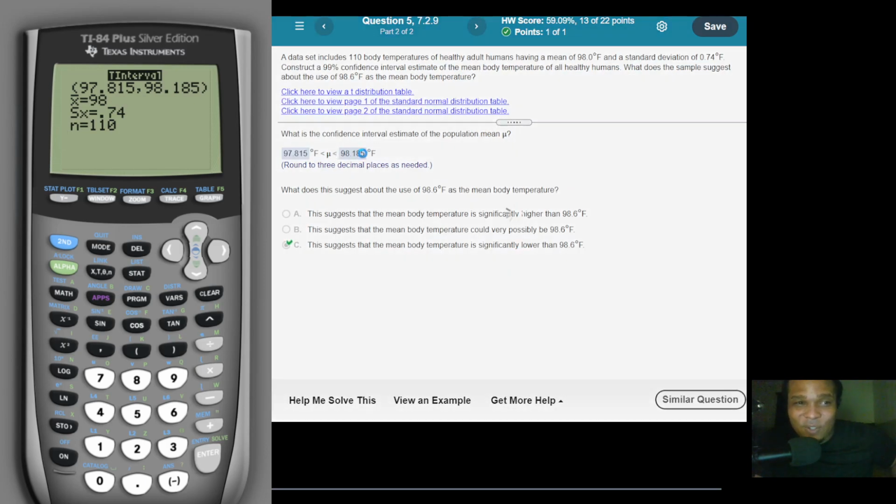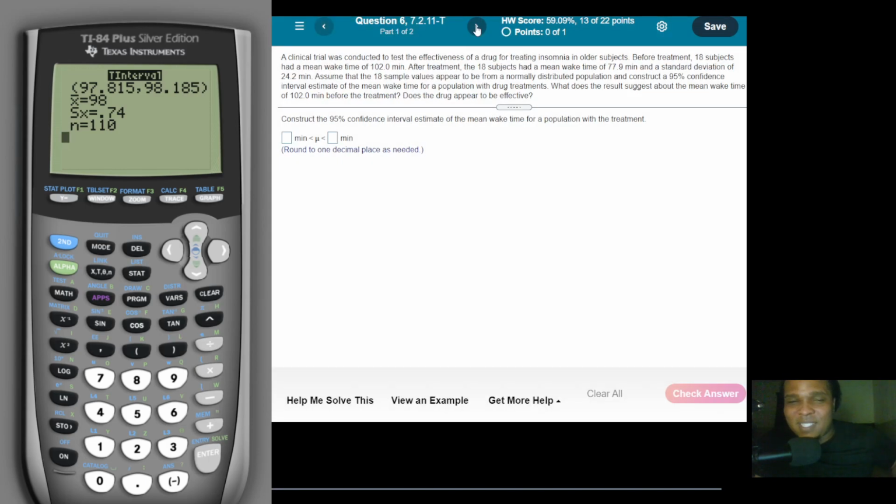Our interval is smaller than what they're giving us. So this is the real deal. This is the answer that we got. It's smaller than what they're proposing, right? So the mean body temperature is whatever we get, and it has to be lower than this, because this is higher than our interval. We're going to see if I mess up again later.